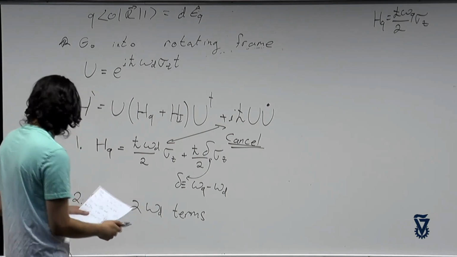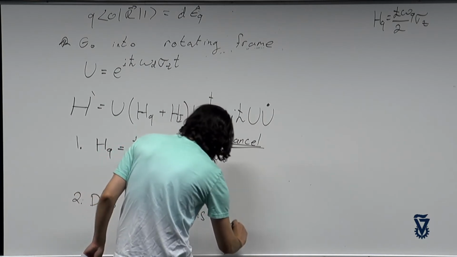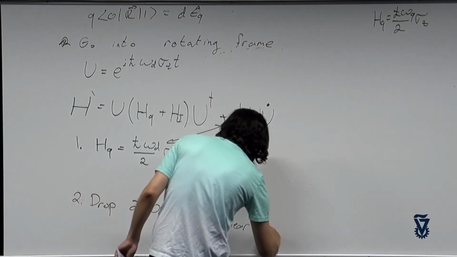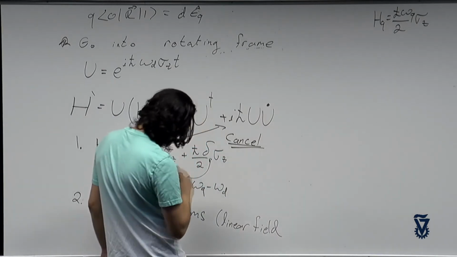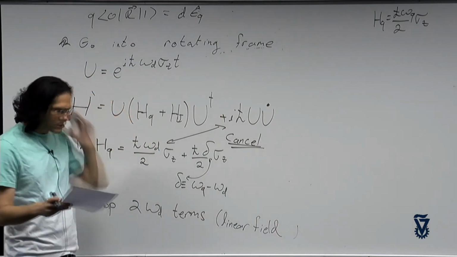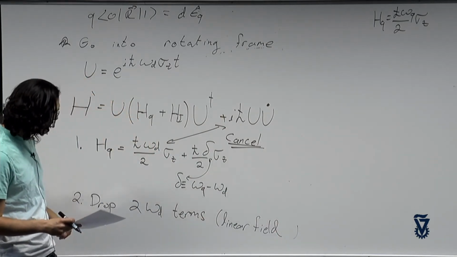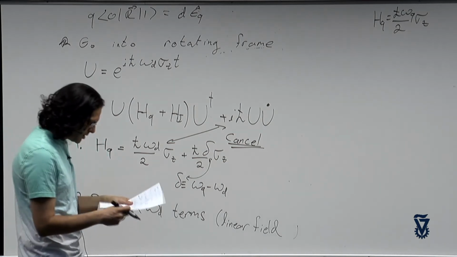So we do this because basically we took a linear field, and now we're just taking the rotating part of that linear field. So effectively, we're treating it as if it was a rotating field.